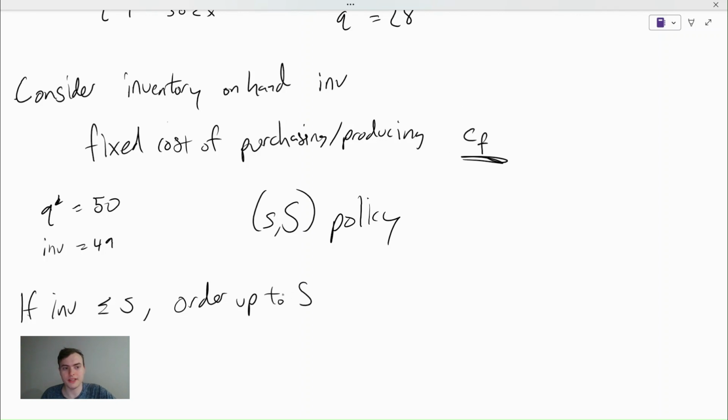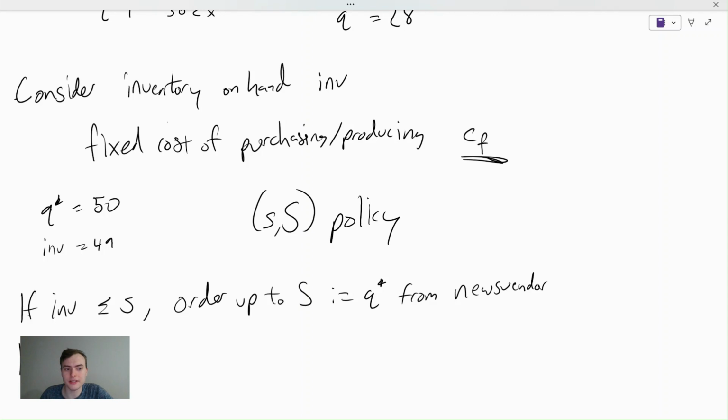Meaning, instead of starting with INV inventory, we start with S, and we pay this fixed cost and the cost of ordering, producing or purchasing the units. And this S is the Q star from the Newsvendor that we learned above. So then we go into the next period starting with S inventory on hand.